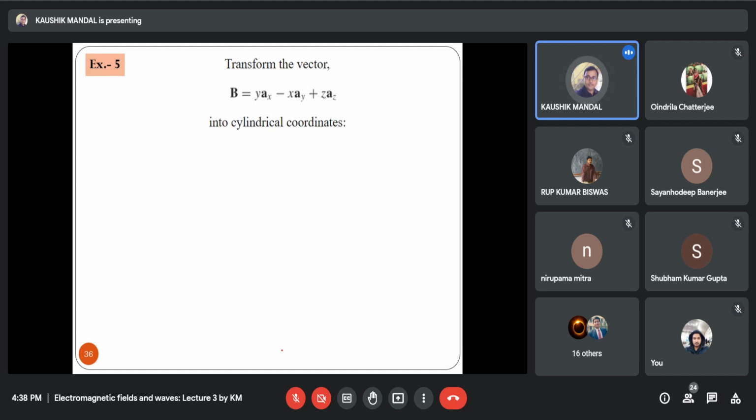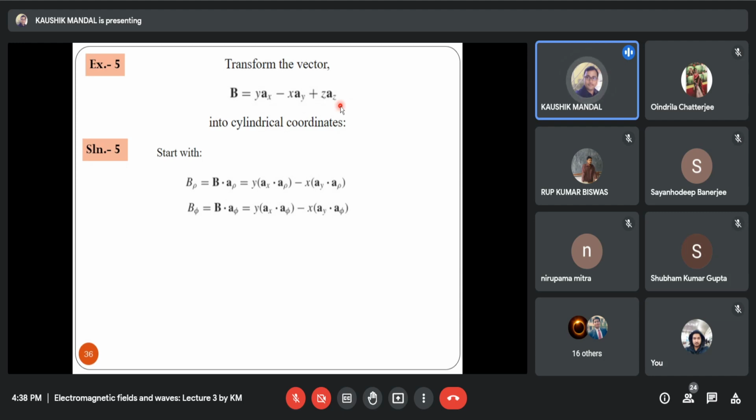This is a very important example of how we can transform into the cylindrical coordinate system. A particular vector is given in the Cartesian coordinate system: B equal to y a_x minus x a_y minus z a_z.